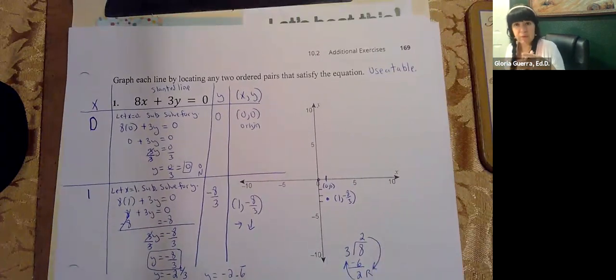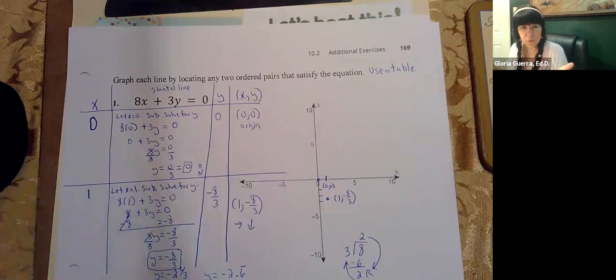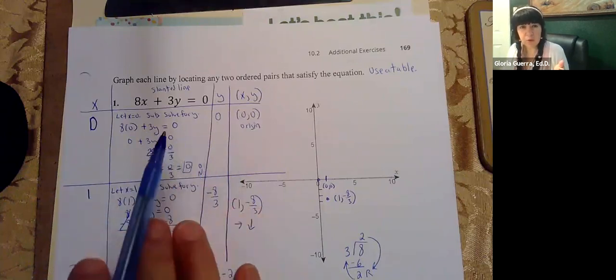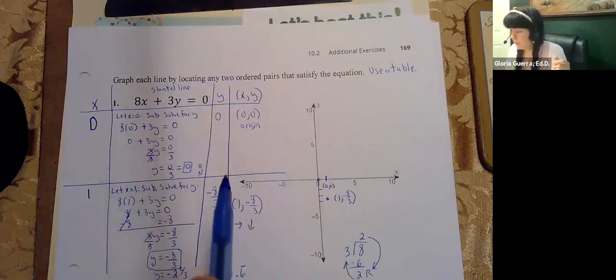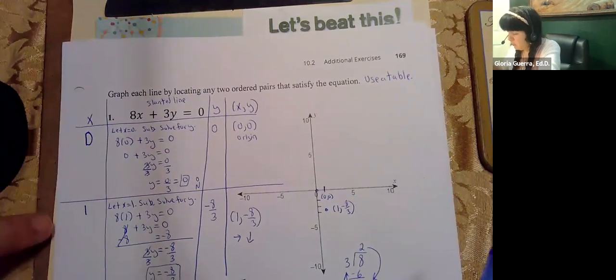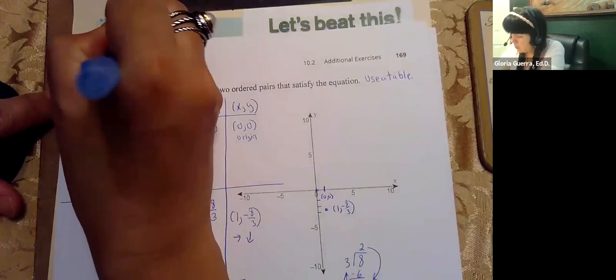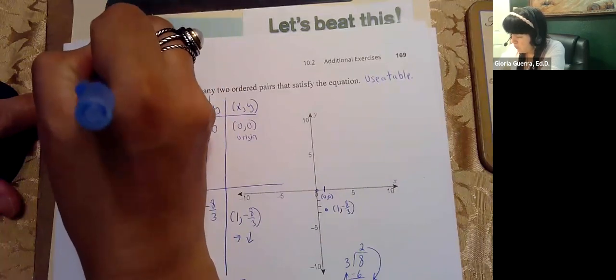When you do your homework on paper, I suggest that you set up the tables, because when you take your test you're going to have these grids, these tables, made. But if you don't use the grid and you're testing -1, you can still say, let x equal -1.